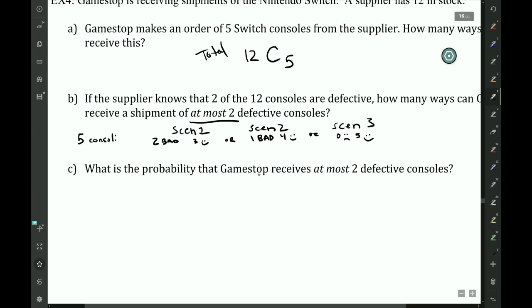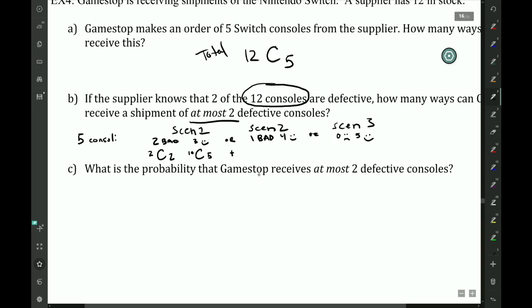So how many ways can I get 5 of these consoles? If there's 2 bad, that means out of the 12 consoles, there are 2 bad. I want both of them, so it's 2 choose 2. There are 10 other consoles, and I want 5. Or means to add.